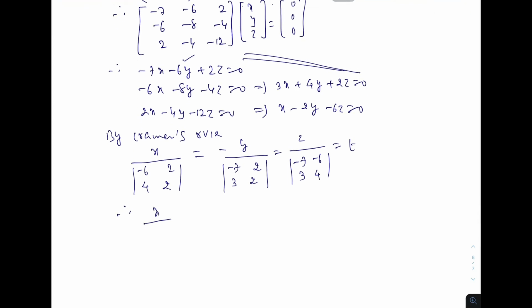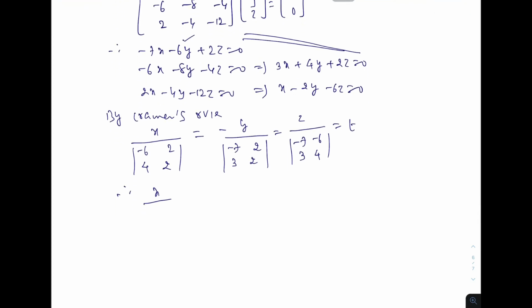And so for x, this is minus 12 minus 8, so minus 20, equal to minus y. This is minus 14 minus 6, so minus 20. z over, this is minus 28 plus 18, minus 10.